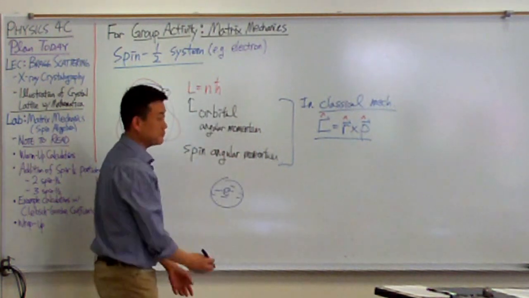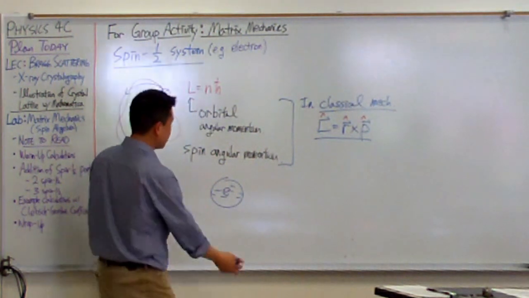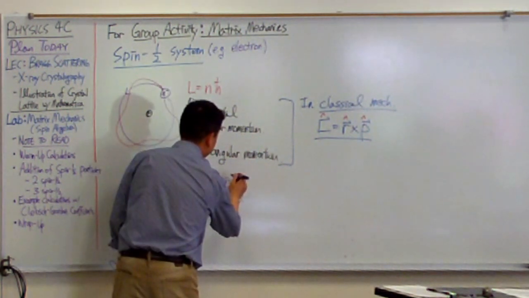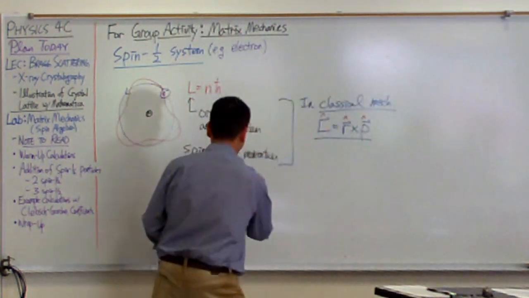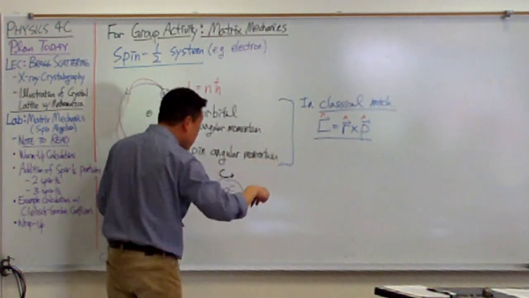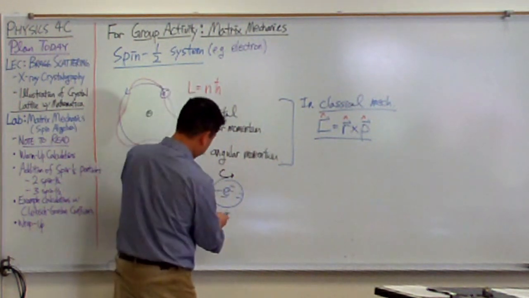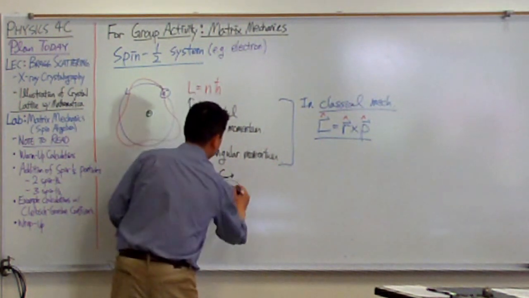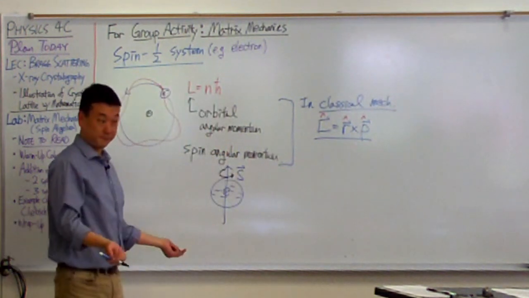It could be spinning, the way we talk about it in classical mechanics. If it's spinning in this direction, counterclockwise when looked at from the top, then you would say its spin angular momentum points up. This is the direction of its spin angular momentum.